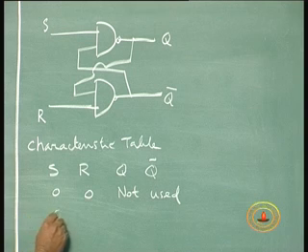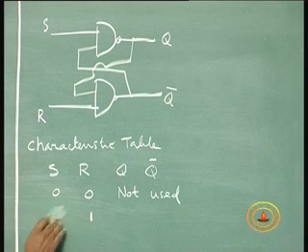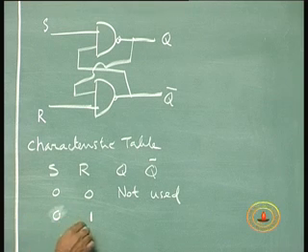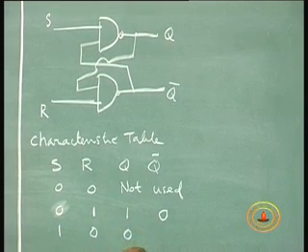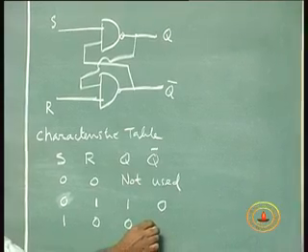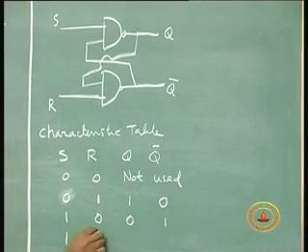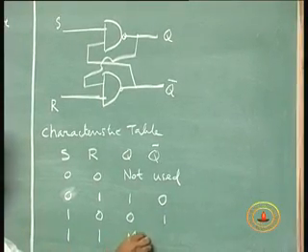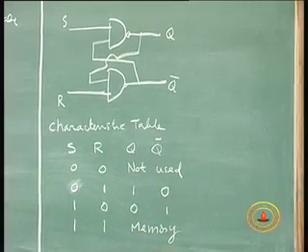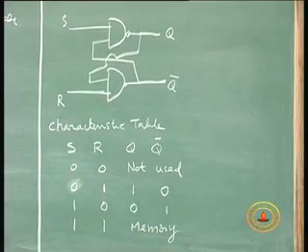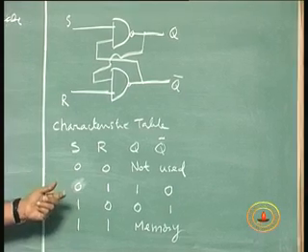A 0 and a 1 will give you a 1 and a 0, 1 0 will give you a 0 1, right, 1 1 will be memory. The operation is exactly complementary to the NOR operation.